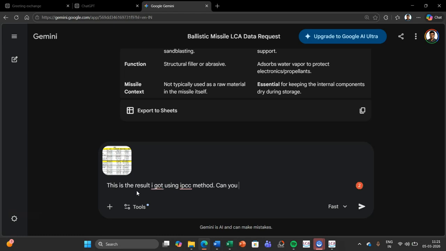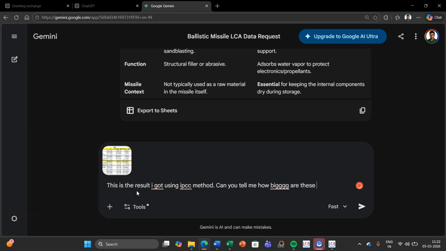Can you tell me how big are these numbers? Because we should understand, right?